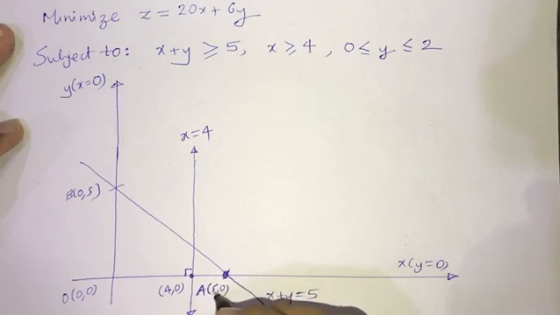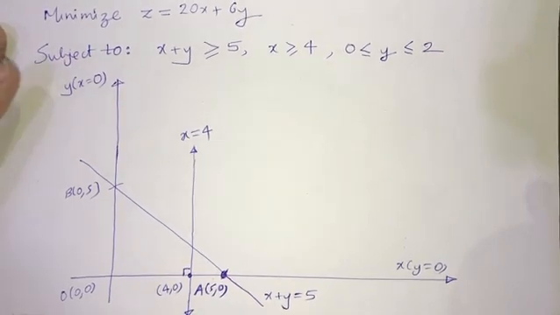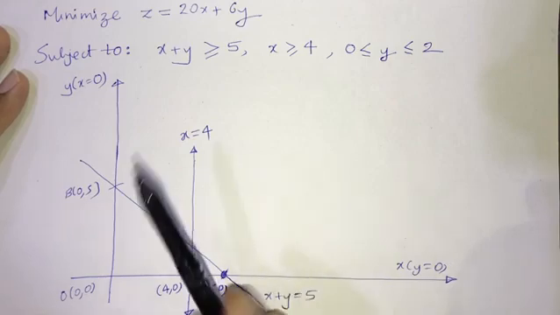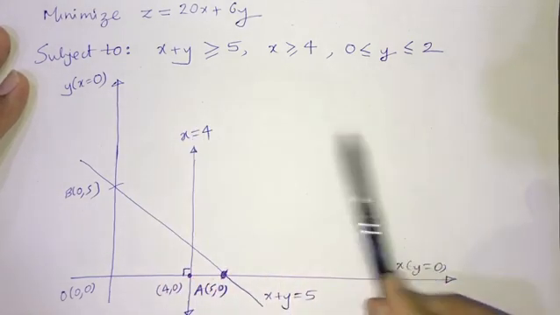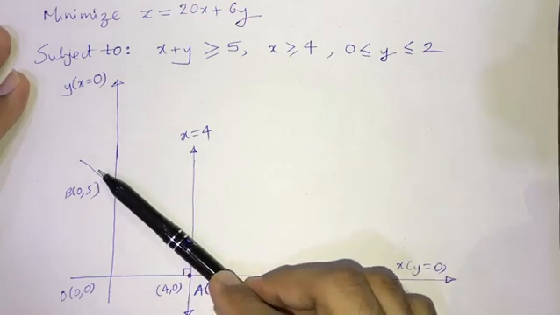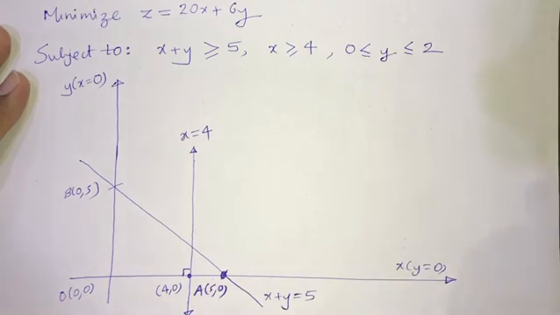A is 5 comma 0 and this is the x equal to 4 line. What about the solution? It has to be greater than 4. Greater than 4 is this side.